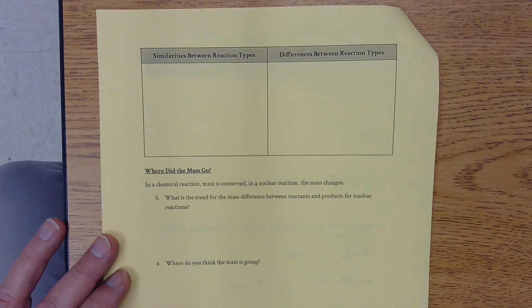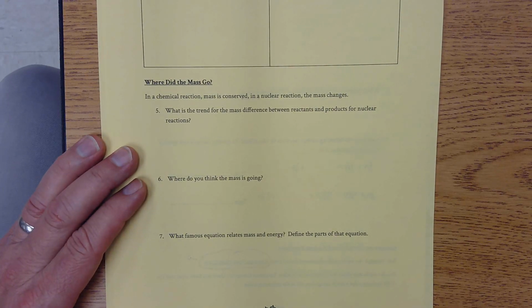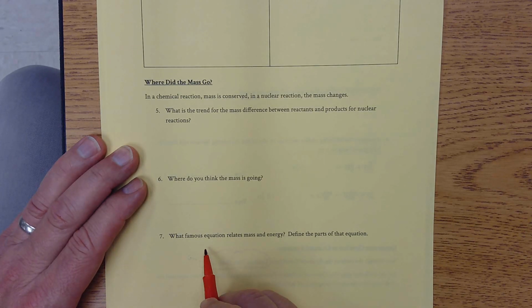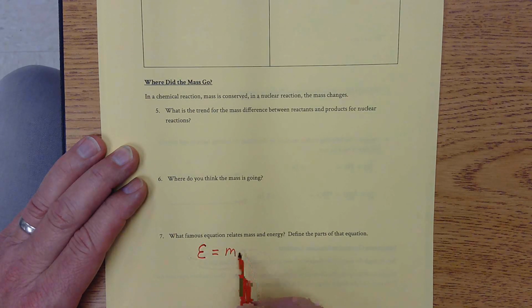It's asking about what is the famous equation that relates mass and energy. Some of you maybe know this. I think a lot of you have, and once you see it, I think you'll remember it or have heard it before. The equation is Einstein's equation: energy is equal to mass times the speed of light squared. So E equals mc squared.